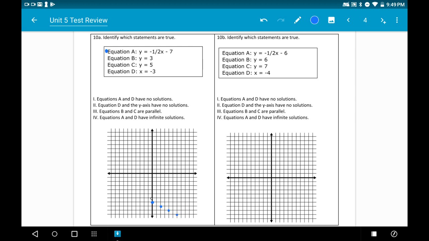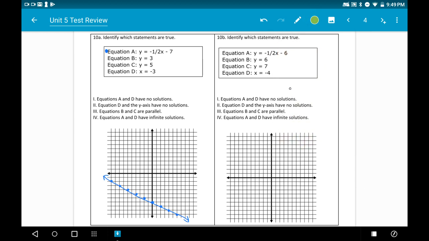Or up 1, left 2. This is just a normal line, so we're going to connect it with a solid line. No more inequalities here. So that's our first line.